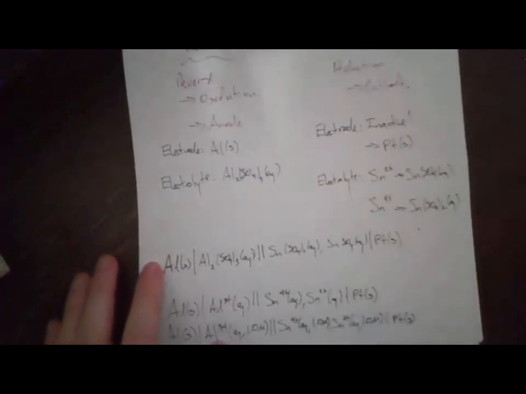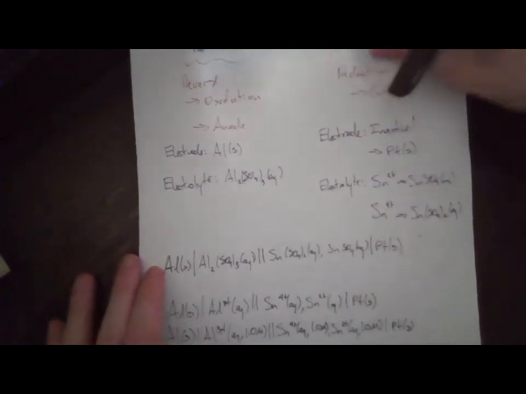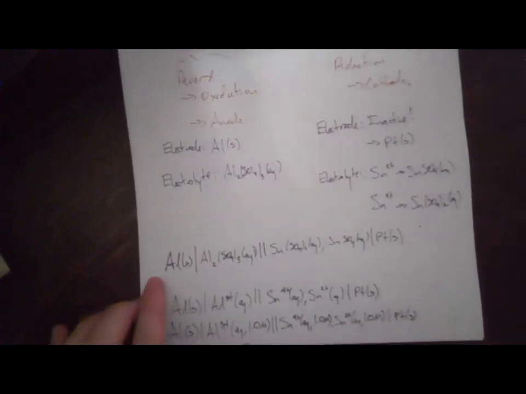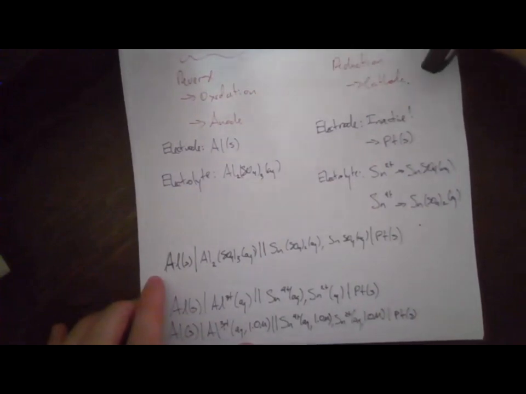Because we're doing this under standard conditions where everything is 1 molar, you can specify that in there. We also never specified our salt bridge. We're just using vertical lines for our salt bridge. So that's my cell notation.